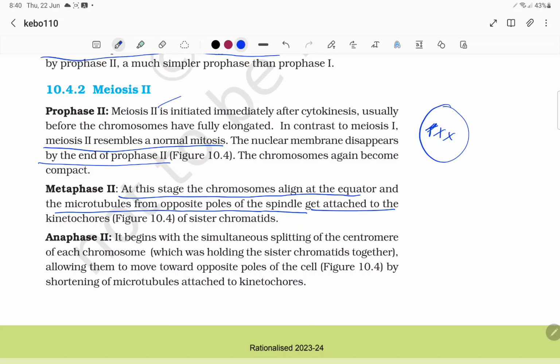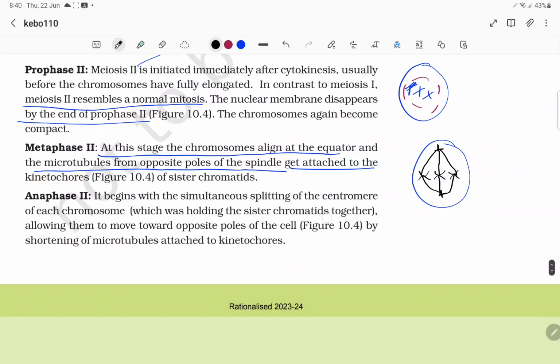Okay, the nuclear membrane is dissolving. So in this phase, what is going to take place? The central alignment of chromosomes. And here we have the centromere and the spindle fibers are getting attached to the sister chromatids. Anaphase.